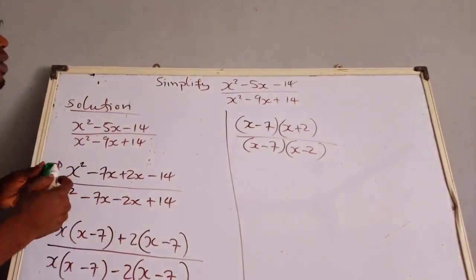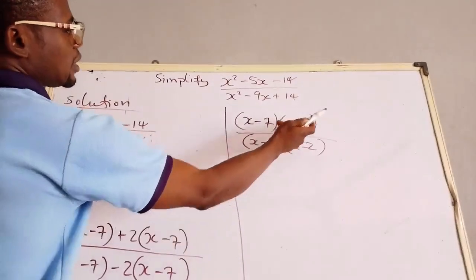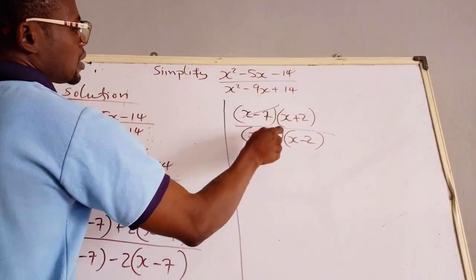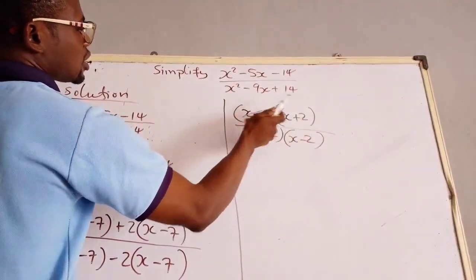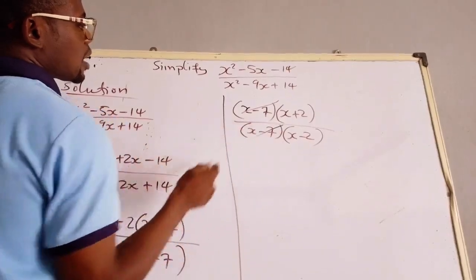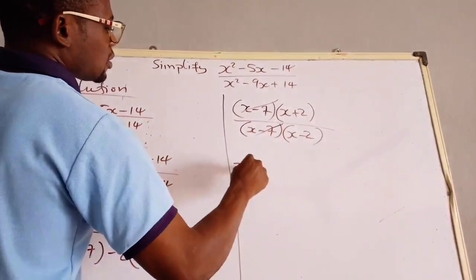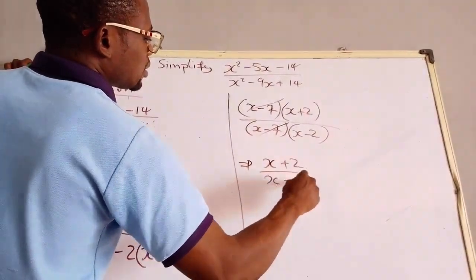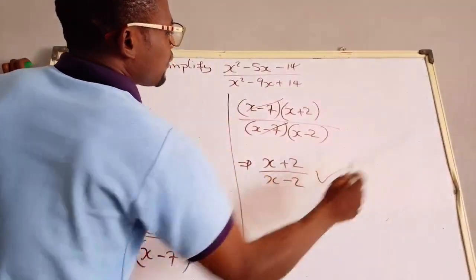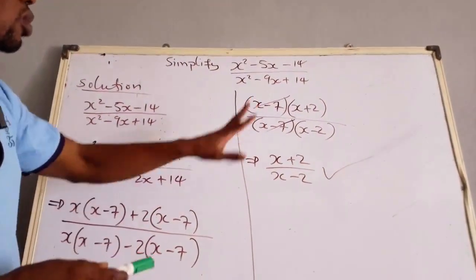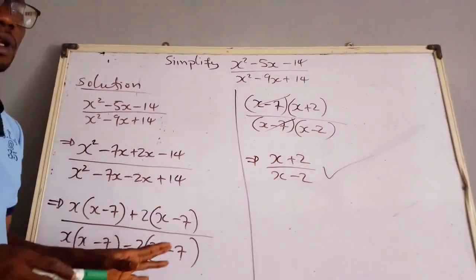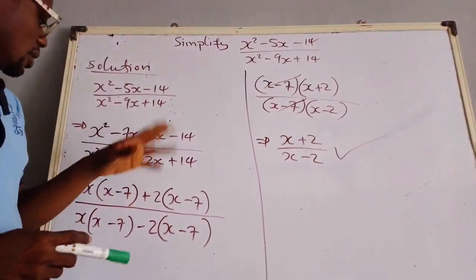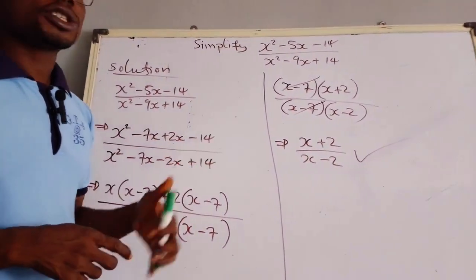Now this is the same thing as this, and they are multiplying themselves, so we cancel them. So that we now have x plus 2 over x minus 2. This is the final answer. There is nothing to do about it again. So we stop here. This is how to go about solving questions like this.